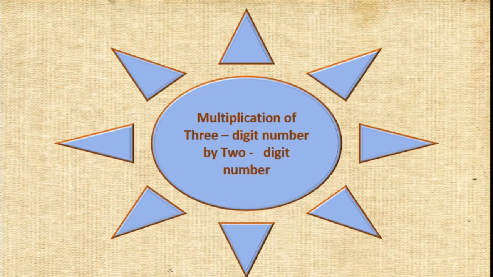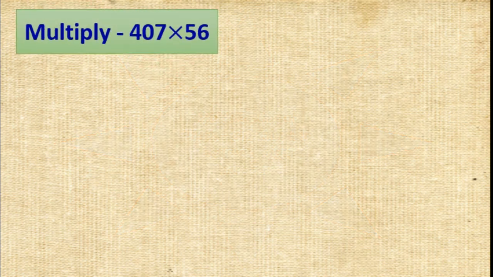Next, multiplication of 3-digit number by 2-digit number. Okay, now we will multiply 3-digit by 2-digit using lattice method. Multiply 407 by 56.